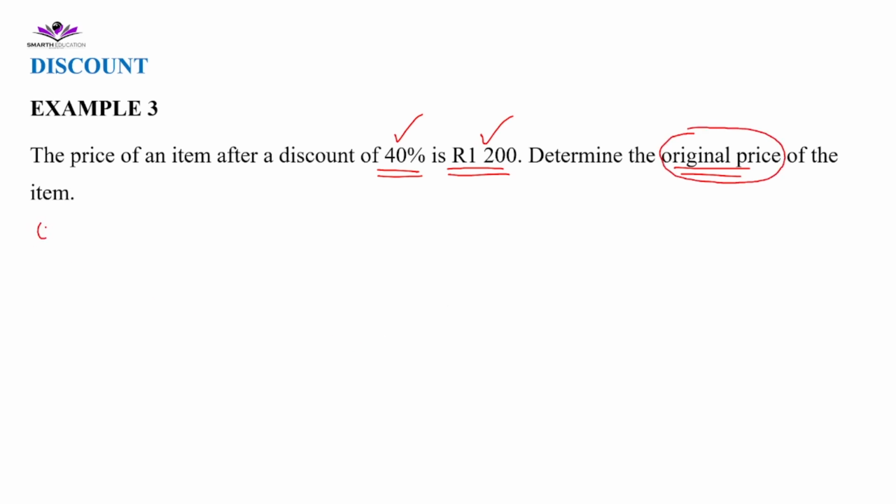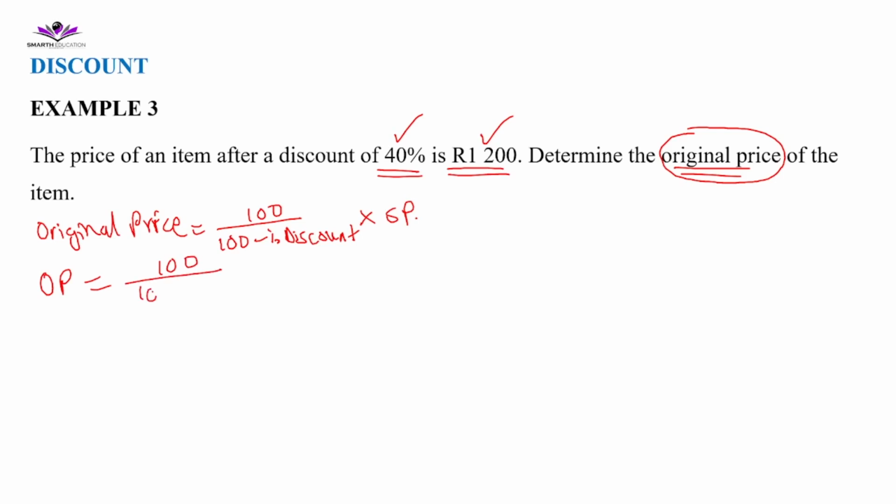Remember, the formula is original price is equal to 100 over (100 minus 40) times the selling price, which is 1,200. Right, then you can put this in the calculator. You get that the original price is equal to 2,000 rands.